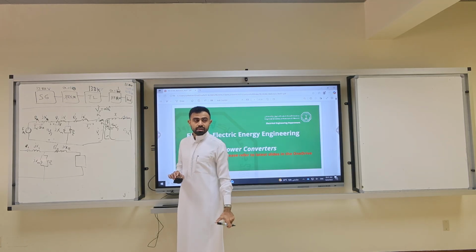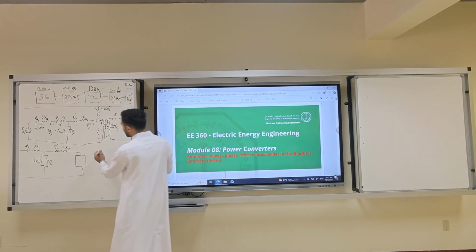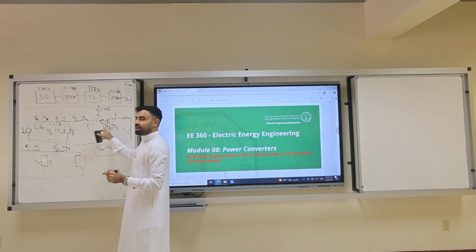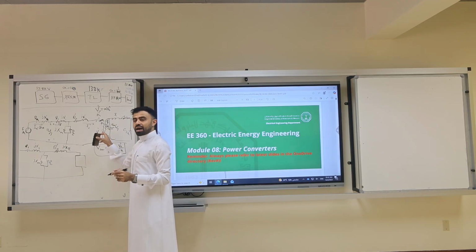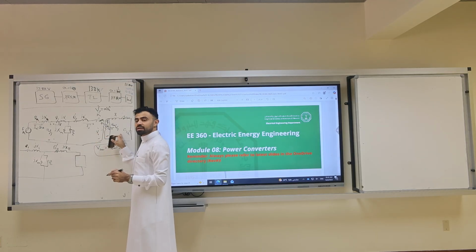Clear? So here I need V secondary equal to V sending, equal to VS prime over A, because this is isolated. So the output of the transformer is VS prime, which is the input for the transmission.